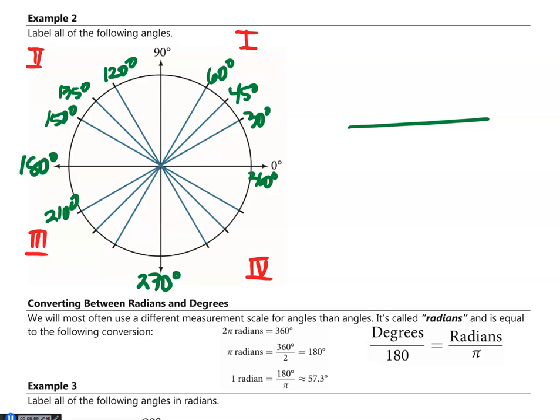If I add 180, that's gonna be 225. This is 60. If I add 180, that is 240 degrees. 90 plus 180 is 270 degrees. 120 plus 180 is 300 degrees. 135 plus 180 is 315, and the other one is 330 degrees. Okay, so make sure again, please start remembering where the angles are.